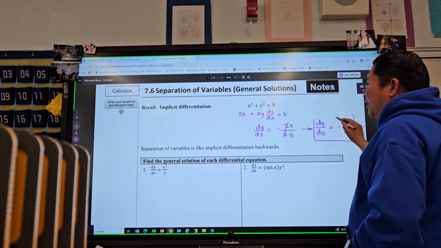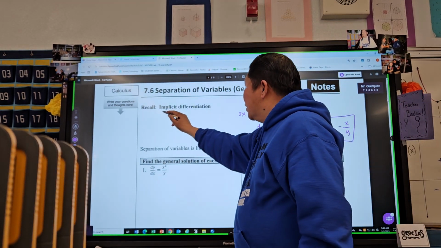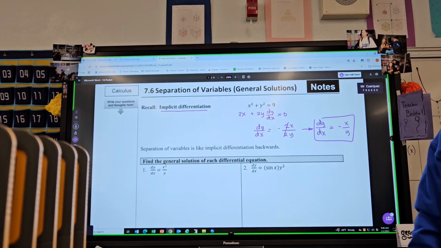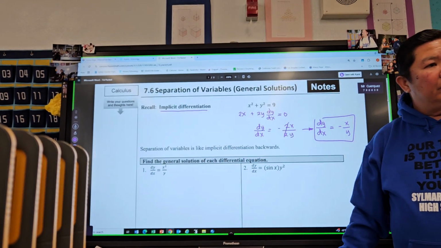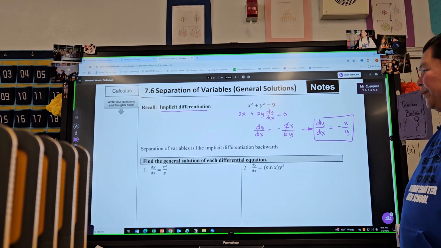This is for implicit differentiation. Okay, any question? This is just a recall of what we were doing last time on implicit differentiation.